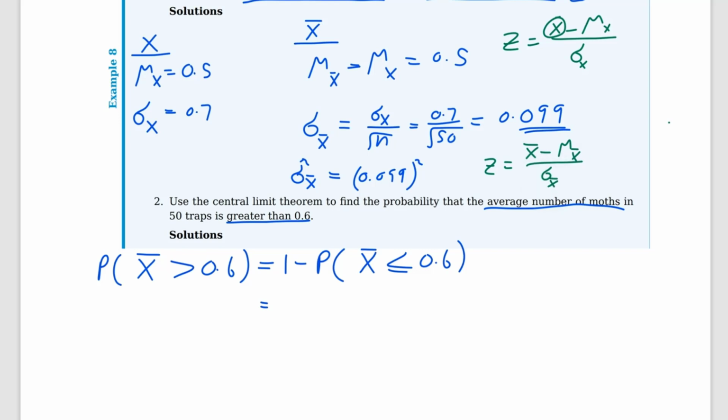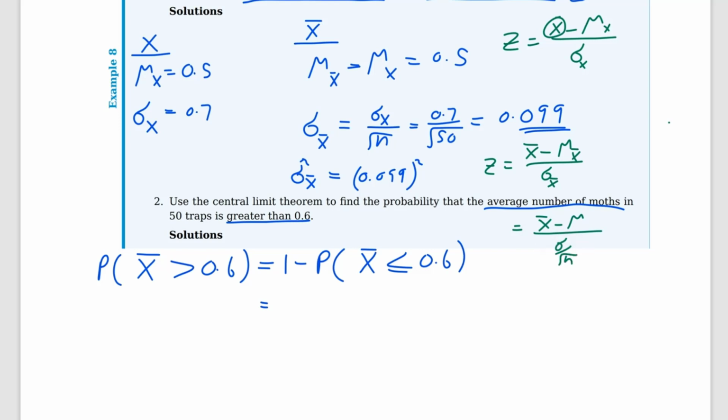We already know these values, but let me write it this way too. The mean of x bar is mu x, which we write as mu. So then mu divided by sigma of x bar means sigma over root n. Understood that?